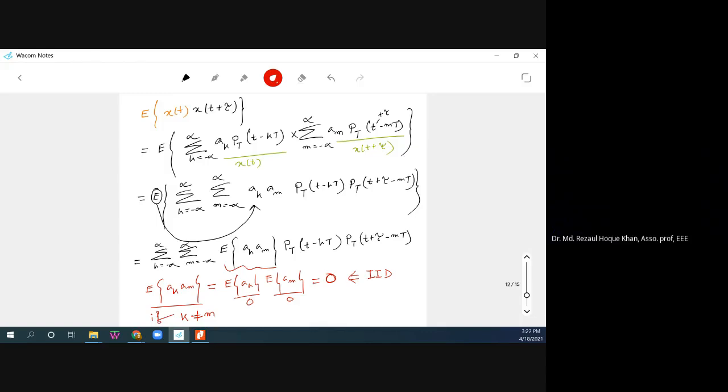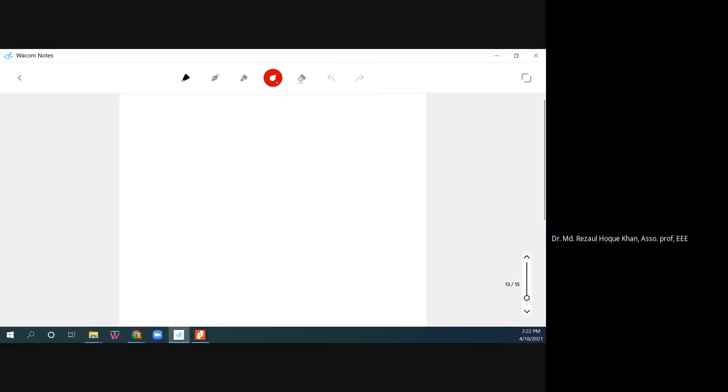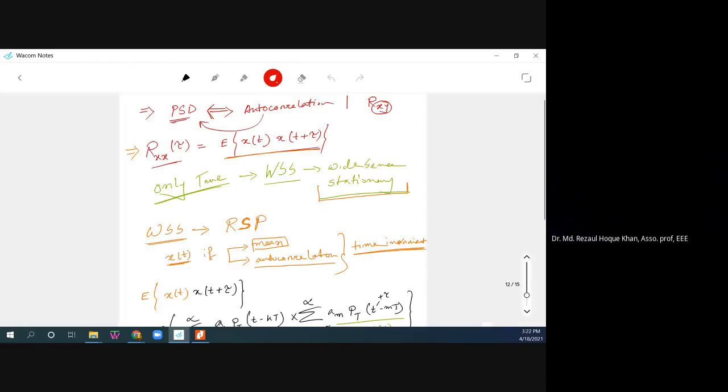But what happens if they are equal? Next page. What happens if k equals m? We can rewrite our previous equation.